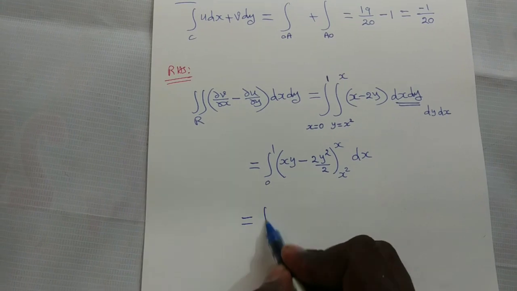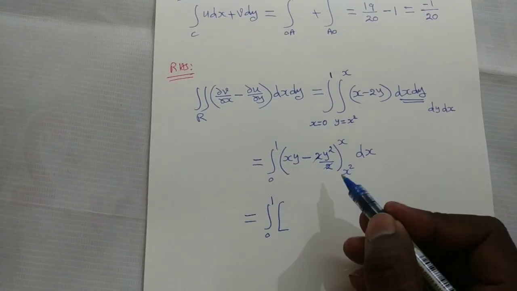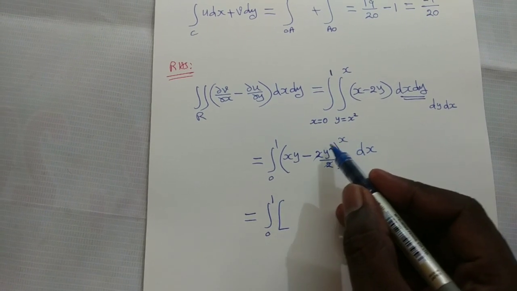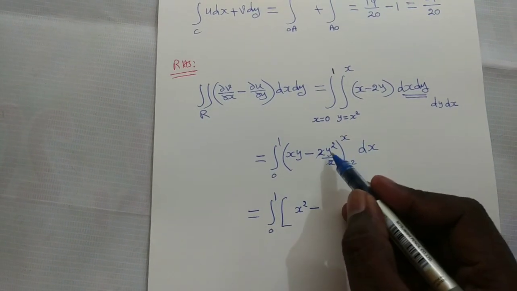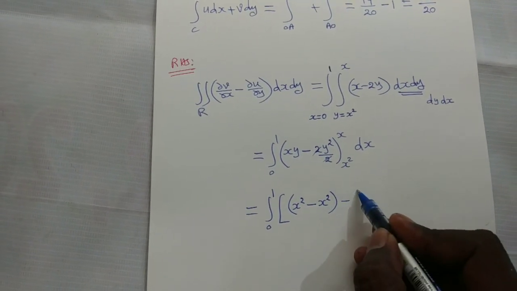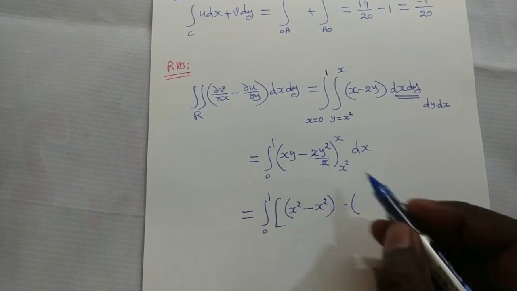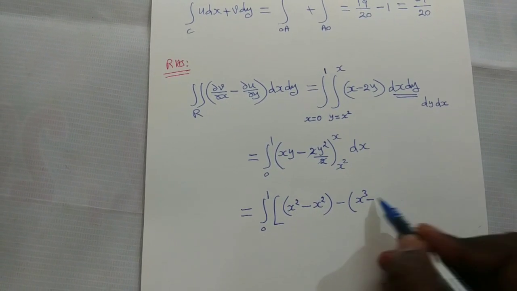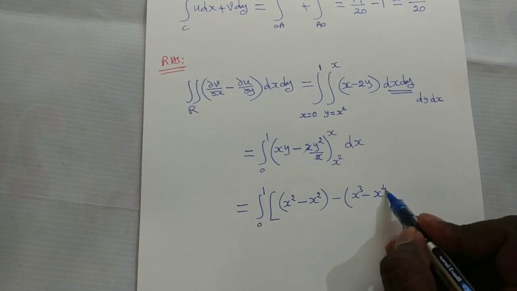Now I substitute the limits for y. Upper limit: x into x is x square, minus x into y square by 2 substituting x, that is x square; minus the lower limit: substituting x square, x into x square is x cube, minus x square of square, x power 4.